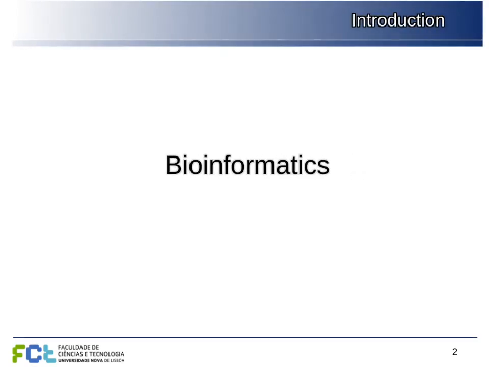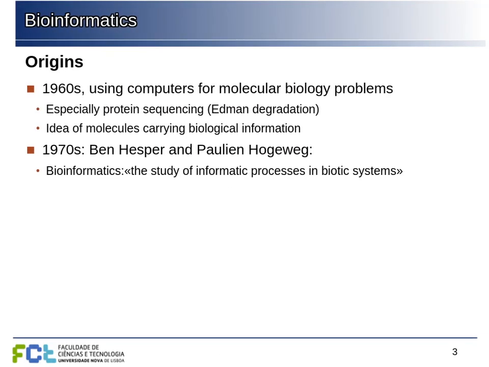But first we're going to start with bioinformatics. This word has been used in many different ways, and actually part of the thing it refers to, which is the use of computers to help with molecular biology problems, even predates the word.